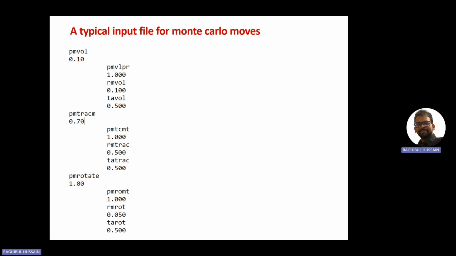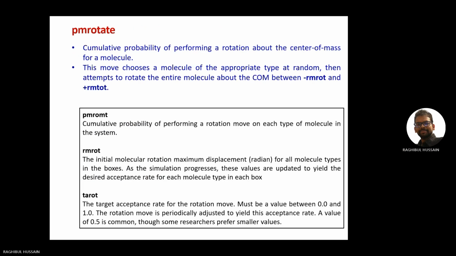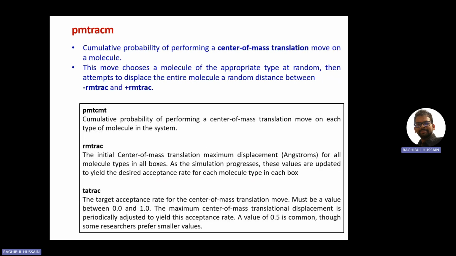Then what is this RM wall? We have discussed, right? Rotation, yes. We have talked about the maximum displacement. Some number has to be given, but as the simulation progresses, this will be achieved as some fixed number. So you have to provide the maximum center of mass displacement in angstrom.